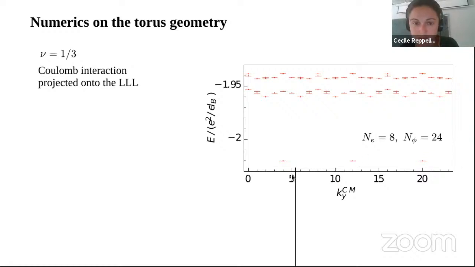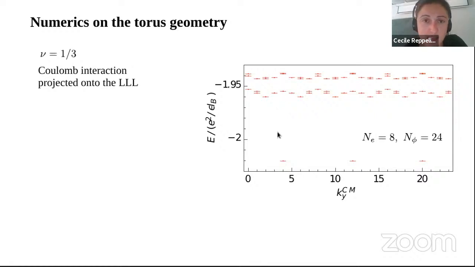Sorry, the Zoom window is bugging me here. So yeah, those three ground states, which are degenerate, and then you have a gap to higher energy excitations. And actually, if you do the same thing for system sizes smaller or larger, you're always going to see this feature of threefold degenerate ground states separated by a gap to higher energy excitations.